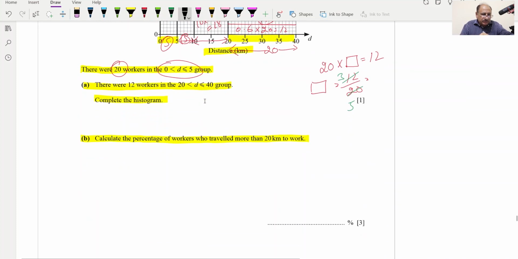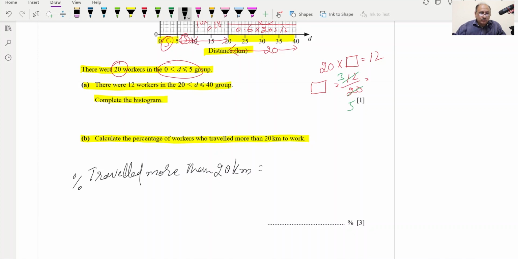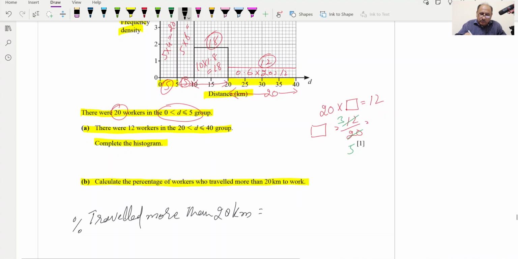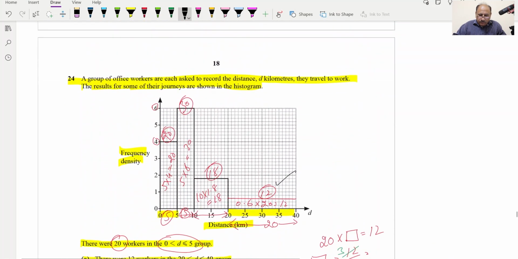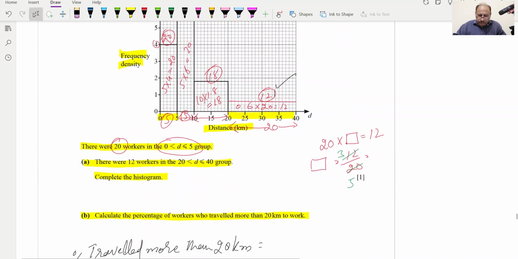So for percentage of workers who traveled more than 20 kilometers, we can see more than 20 is this 12 out of total we need to check.